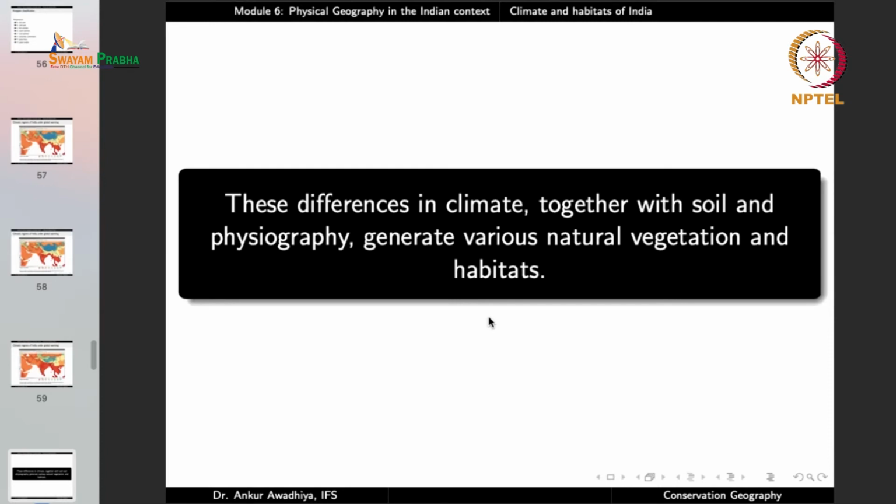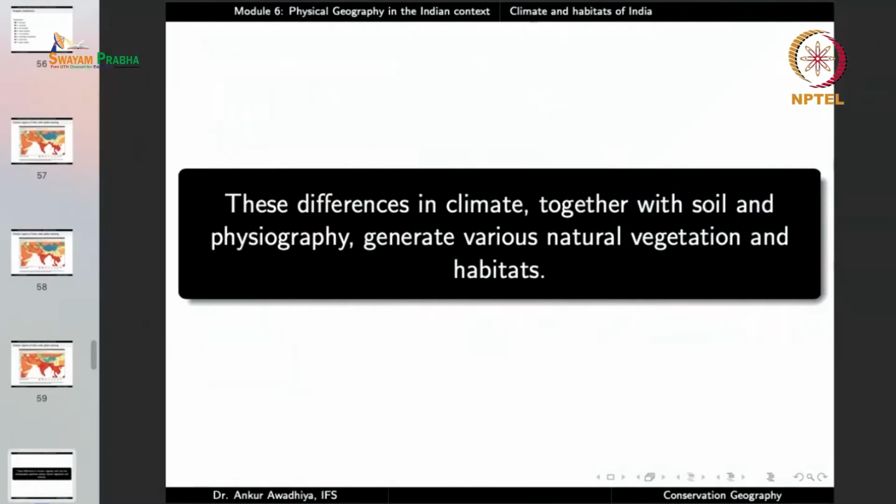Temperatures vary, precipitation varies, so that creates varied sorts of habitats. So what are these habitats that we observe in India today? Now this is important because in the context of climate change, we will be losing a large portion of these habitats. So let us have an overview of the major Indian habitats and their residents.